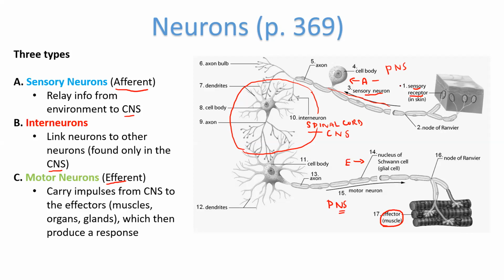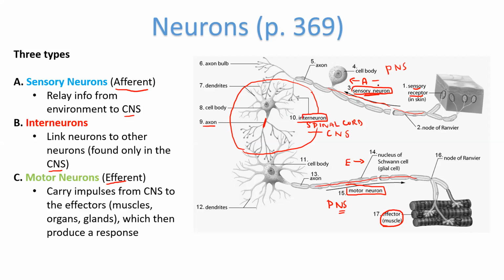Now take a good look at the difference between the sensory neuron and the motor neuron. And we can compare them to an interneuron too. Interneurons have very short axons. Those are the long cables of the neuron. It's a very, very short axon here. So sensory and motor neurons have very long axons.